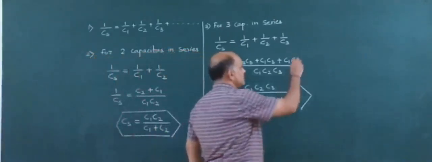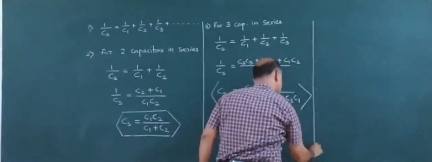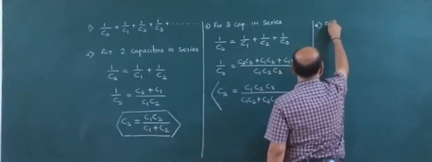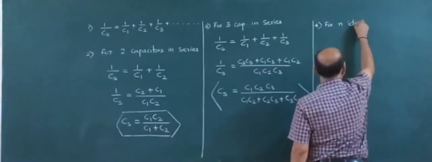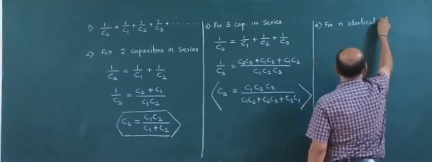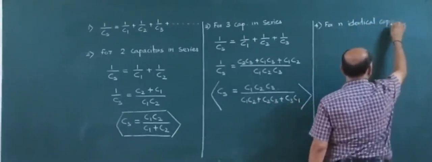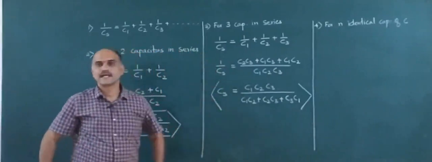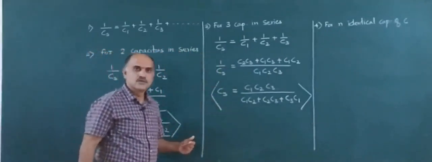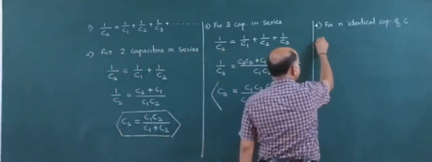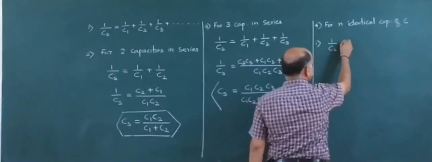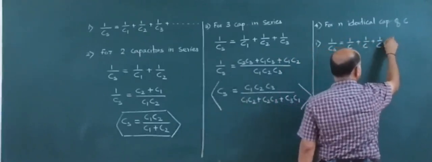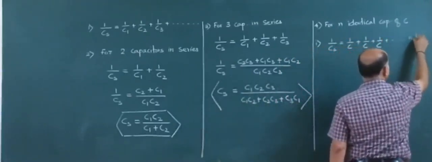Now, the next formula is for n identical capacitors, each of capacitance C. First, for series, 1 by Cs will be 1 by C plus 1 by C plus 1 by C, and so on, n times.